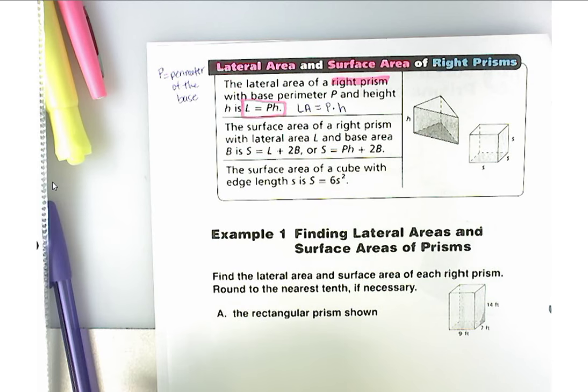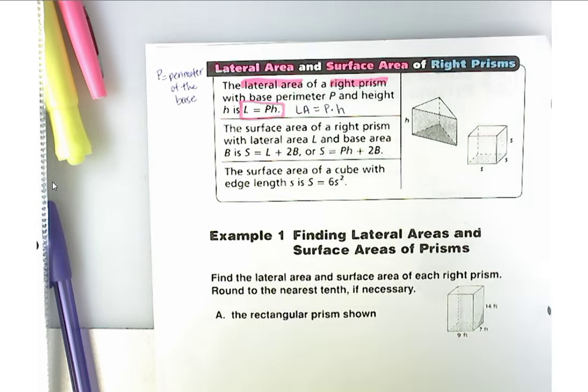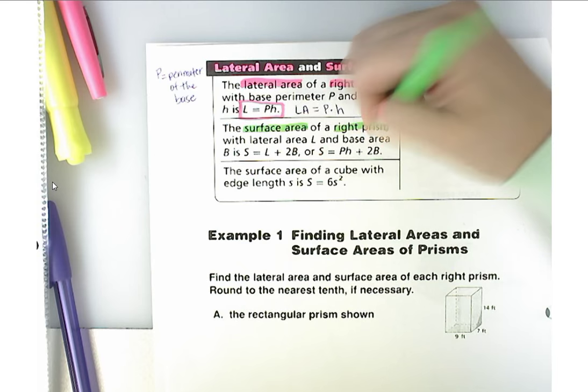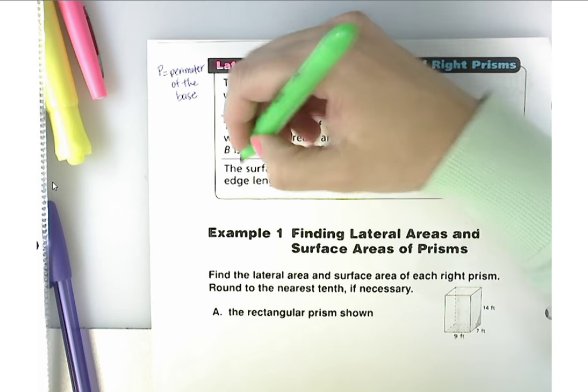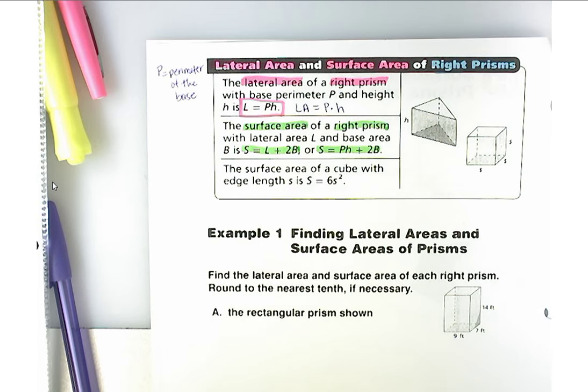The surface area, I wanted to highlight this too. So this was the lateral area of a right prism. Then we also have the surface area of a right prism, which is going to be given by these two equations.